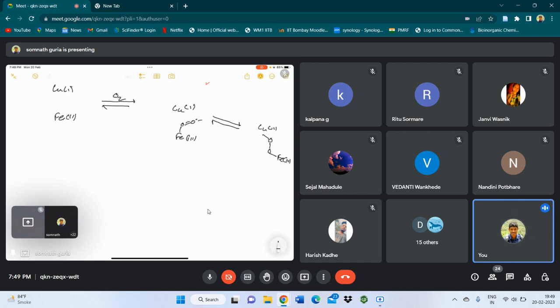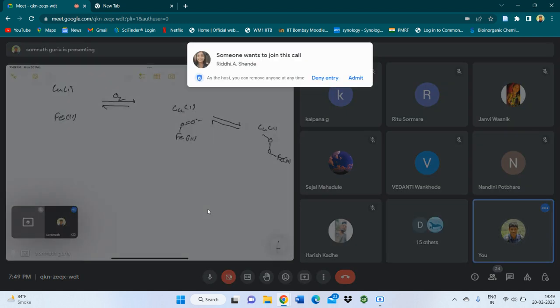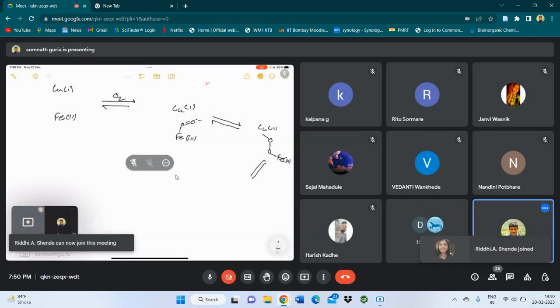This copper 3 oxo species takes one electron and two protons, forms... all the process is reversible.